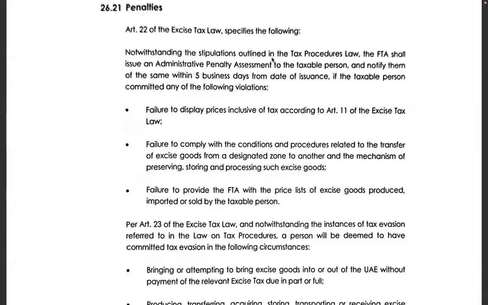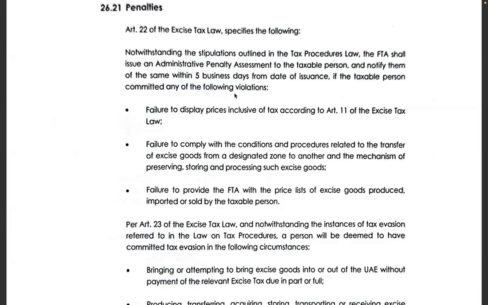Notwithstanding the stipulations outlined in the tax procedures law, the FTA shall issue an administrative penalty assessment to the taxable person and notify them of the same within 5 business days from the date of issuance if the taxable person committed any of the following violations. What violation?